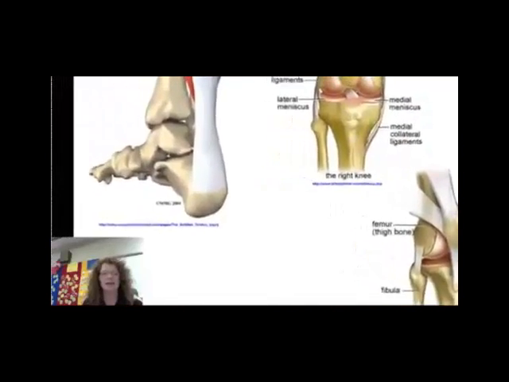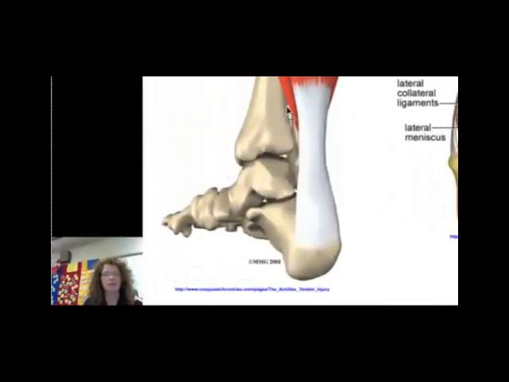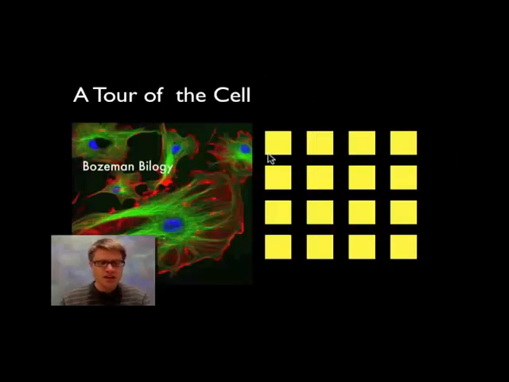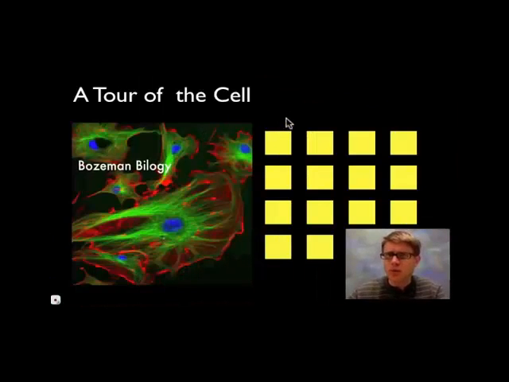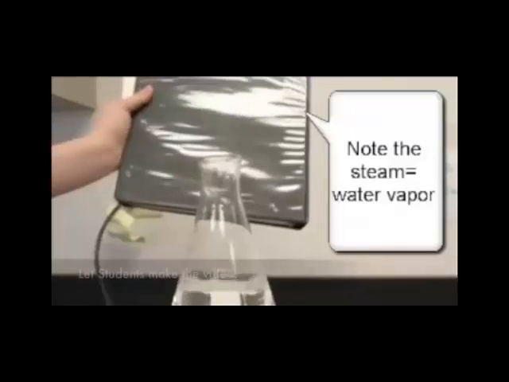Tendons, as you see here, connect muscles to bones. Here you see the gastrocnemius, the calf muscle, being connected to the calcaneus. Another thing I want to talk about is cells are not boring. When I grew up, I had this idea that a cell was like a bag of jelly and you had stuff like a nucleus inside it and it would essentially float around.